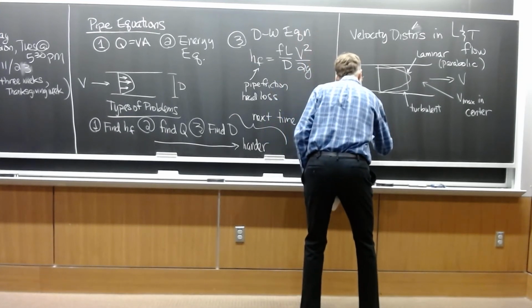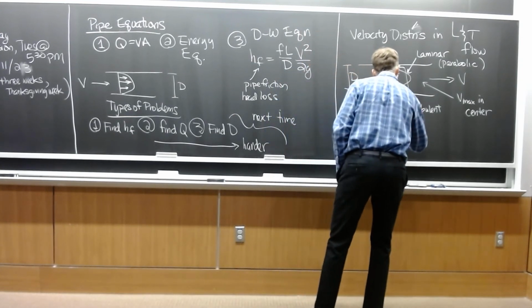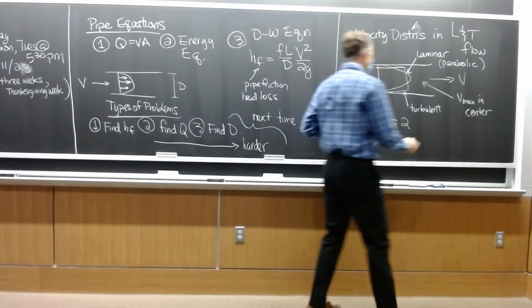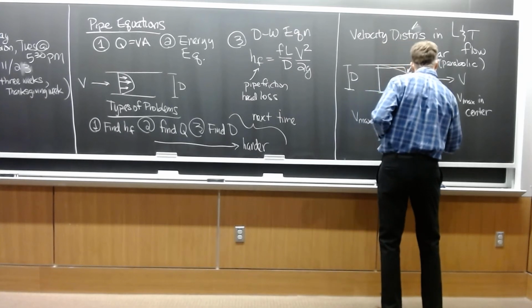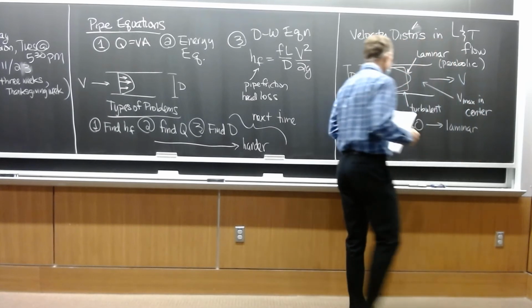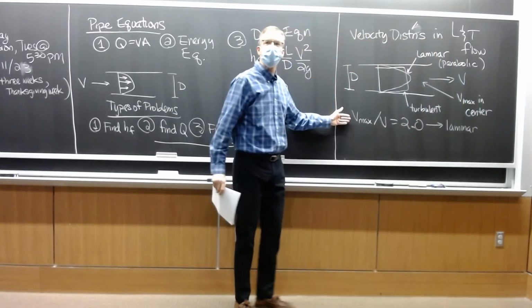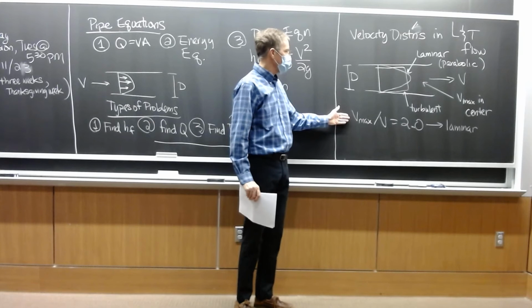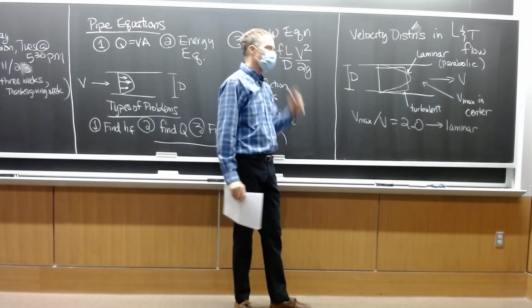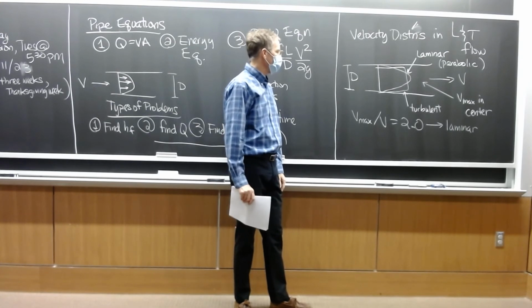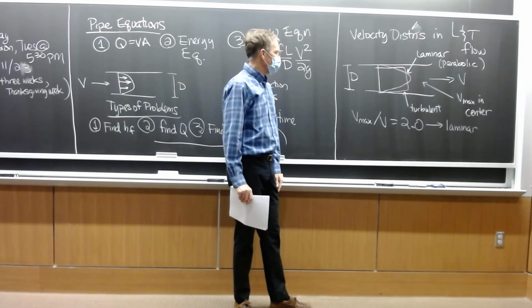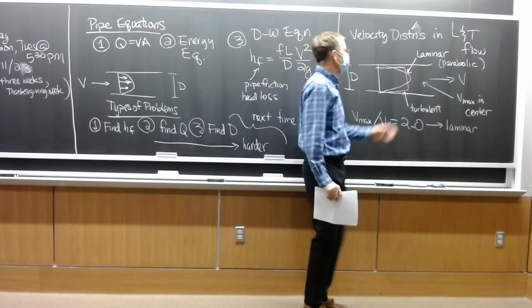For laminar flow, it's exactly 2.0. And as a result, you can write an equation for the velocity at any location from center to the pipe wall in laminar flow, given this fact that the maximum is twice the average and that it's parabolic.